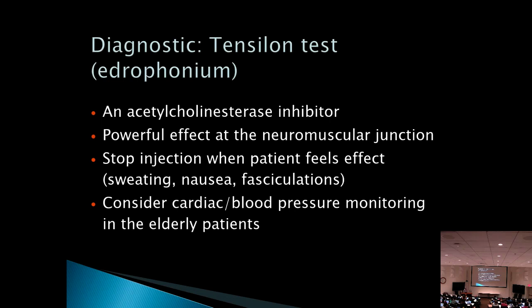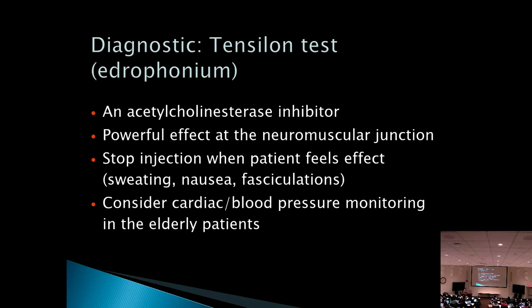The reason that we don't do Tensilon much anymore is the blood test is so good for myasthenia. We have other ways of making the diagnosis. And just think, okay, if we're going to knock out acetylcholinesterase, now we also have a lot of acetylcholine stimulating muscarinic receptors, and those are on the heart, right, the vagus nerve.